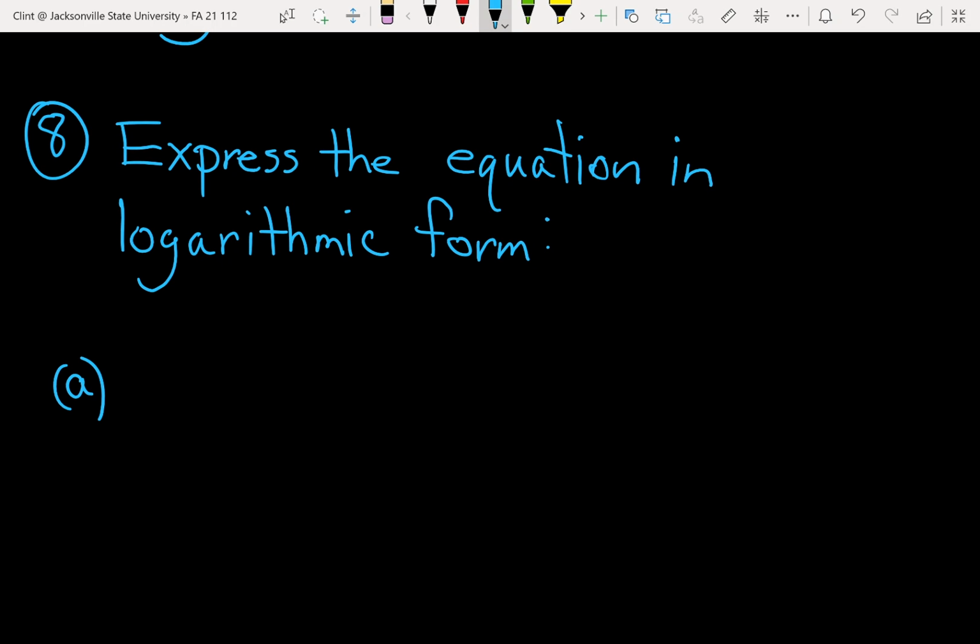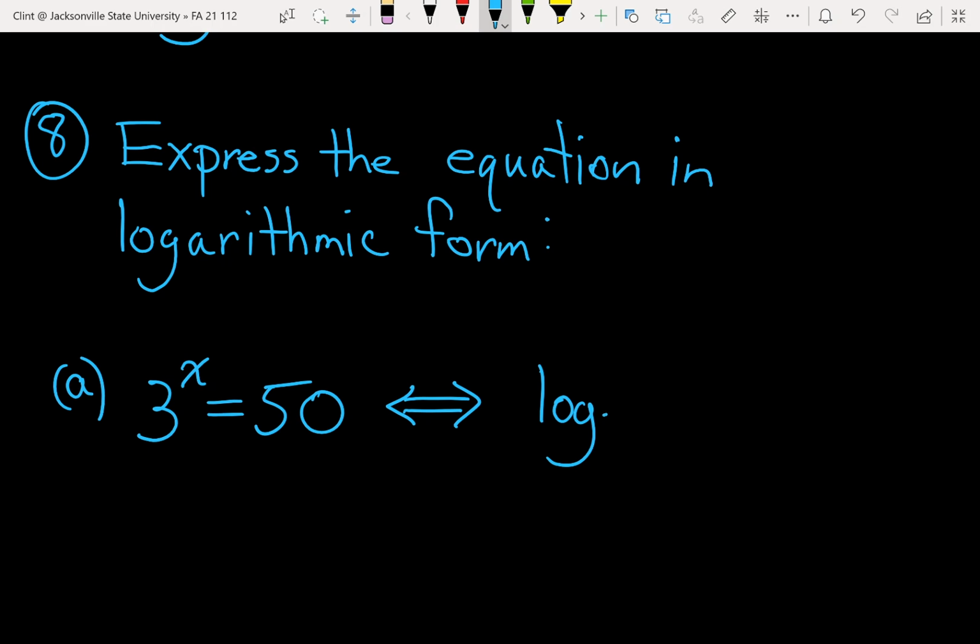So the first one is 3 to the x equals 50. If we want to put this in logarithm form, we're going to have log base what? Base 3, right? That's our big number, our base on the left side. So log base 3 of, what's our argument in our logarithm? It is 50.